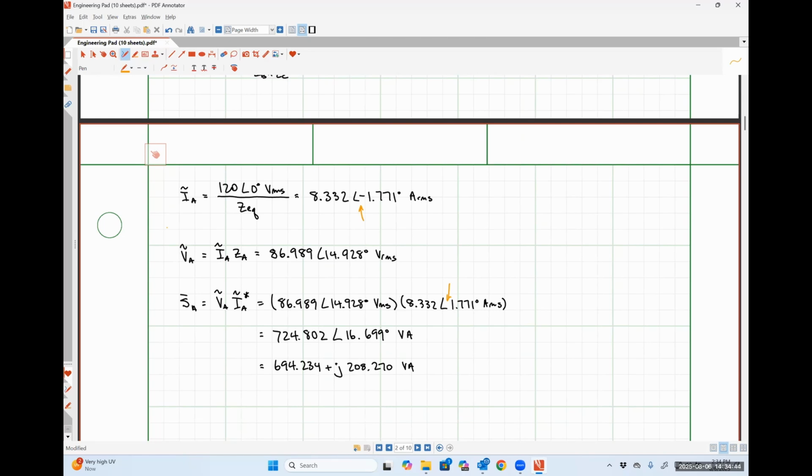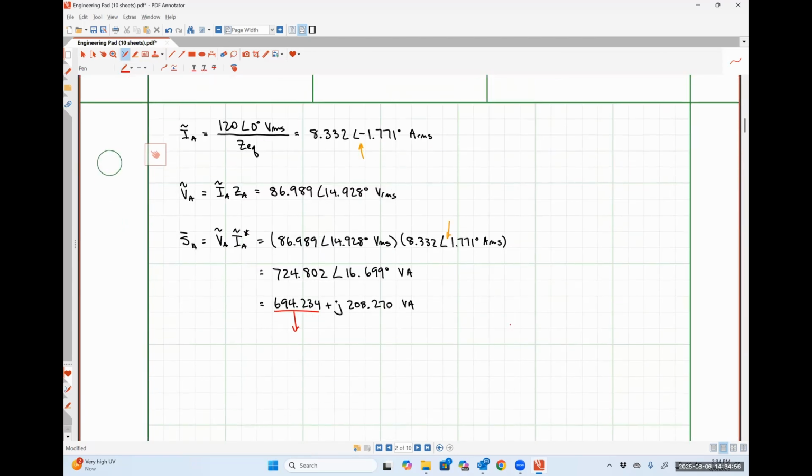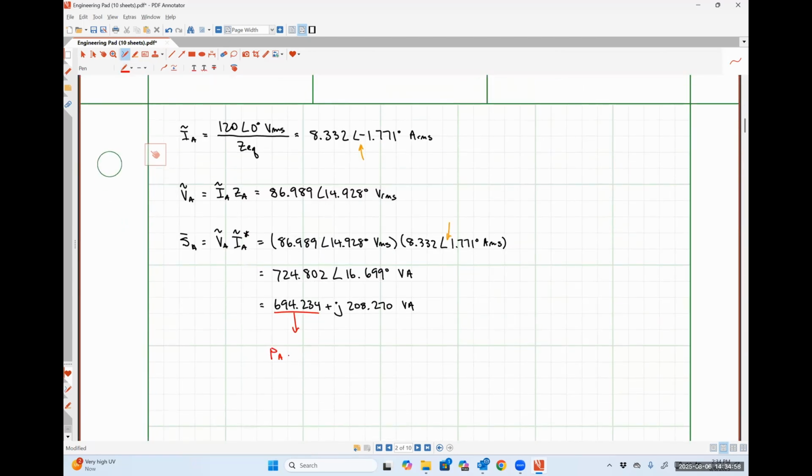Is it the 694.234? That's exactly right, Wes. Thank you for that. So this part right here is indeed the average power. So PA would just be 694.234 watts.